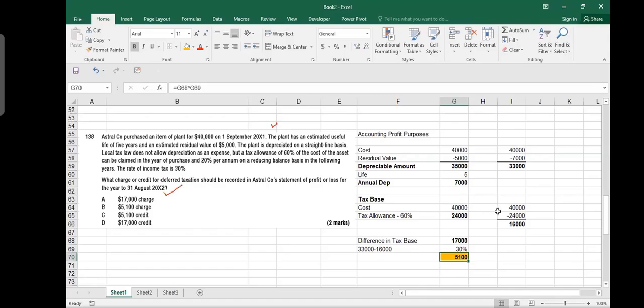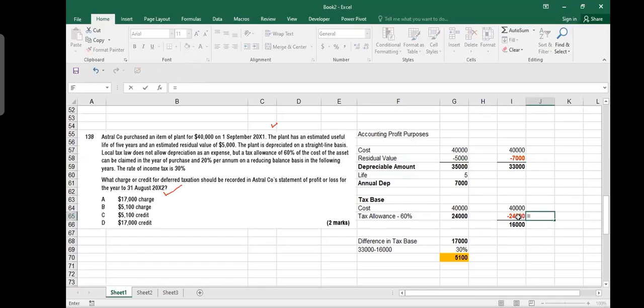Another way of doing this question is that, see, when you put some expenses, according to IFRS, you should be putting $7,000 expense. This is what you wanted to put. But the tax department allowed you to put an expense of 24,000. So it means that you will be paying less tax here, because you are showing more expense. When you show more expense, you get tax benefit. How much tax benefit are you getting? When you put 24,000 as an expense, if you refer to our previous lecture, this 24,000 expense multiplied by 30% is the benefit which you are getting, which is 7,200.